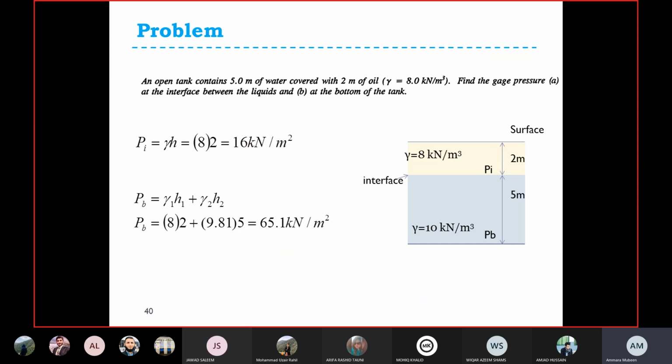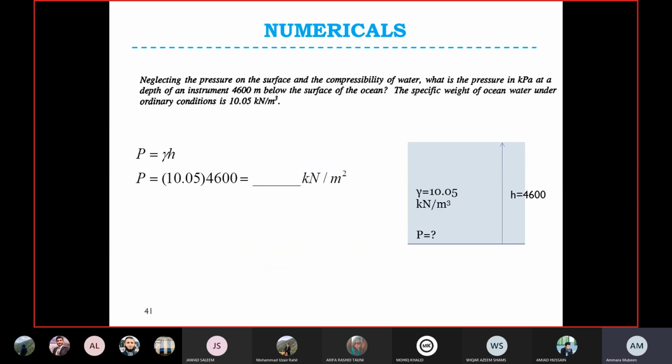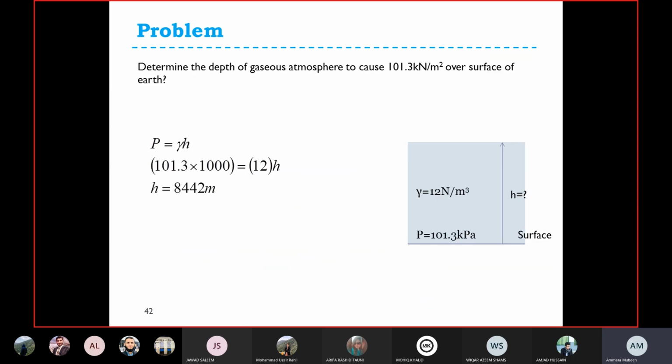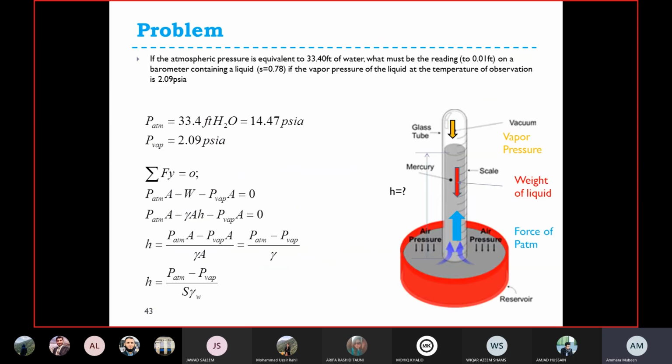Okay, this is another similar type of question, and I expect that you'll do it yourself. Again, the same type of question in which application of this equation, which is P is equal to gamma H, has been shown. This is the application of the equation which we derived for the barometer, liquid barometer.